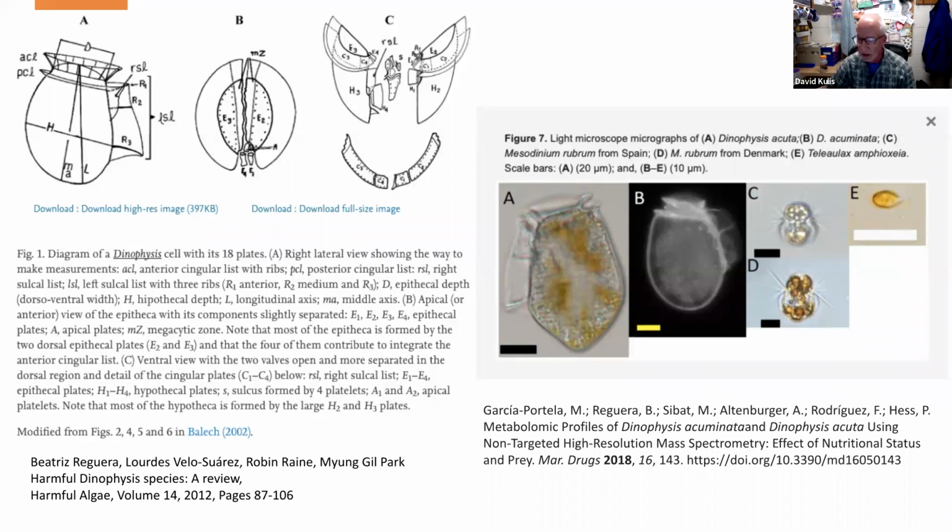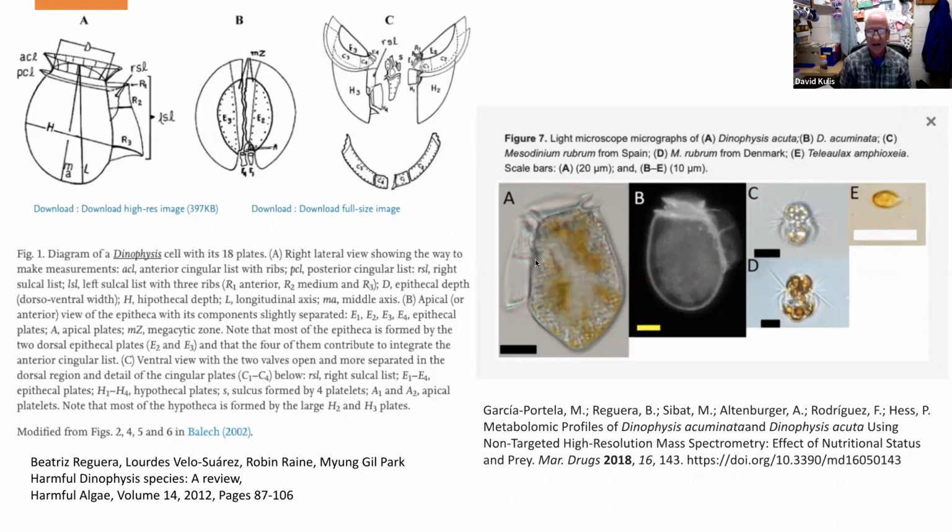Okay. So there are a couple of key taxonomic features that are seen on Dinophysis cells that aren't seen on the other cells that you've been introduced to today. One is the cingular list, which, Thomas, maybe you can point to with your mouse, and then the sulcal list. The cingular lists are at the top of the cell, and the sulcal lists are on the side of the cell.